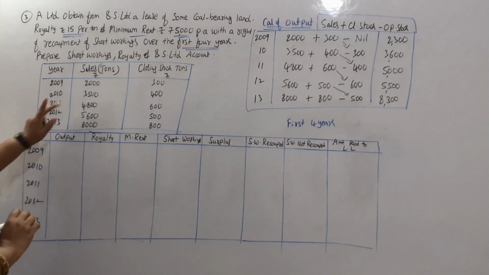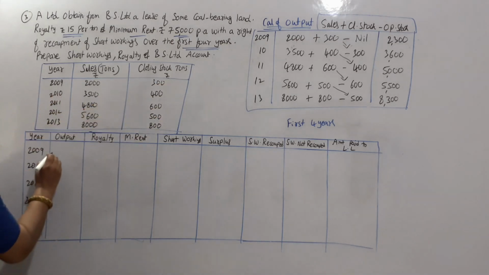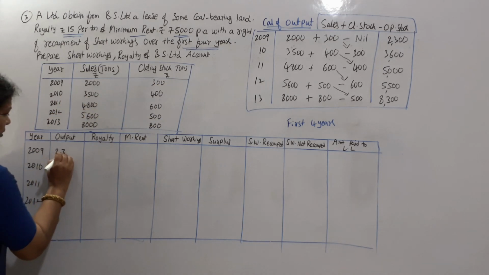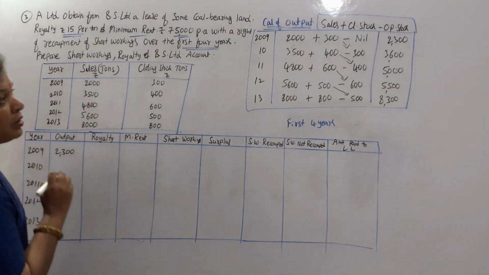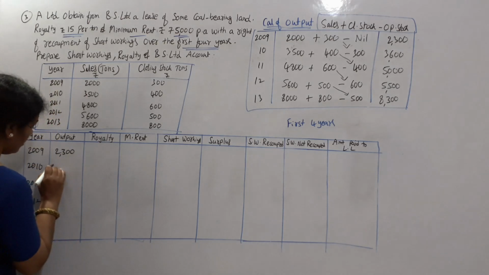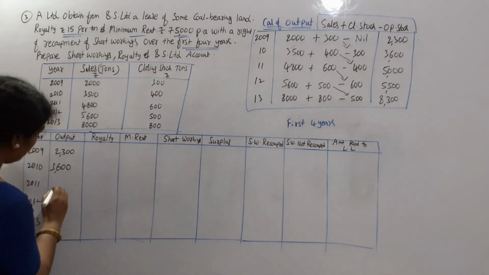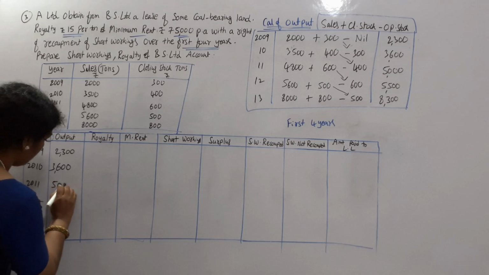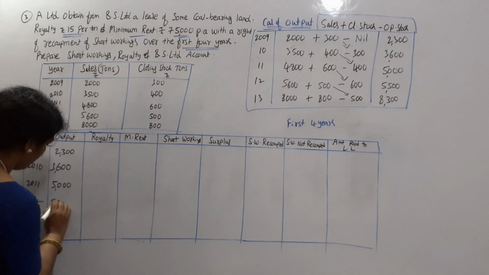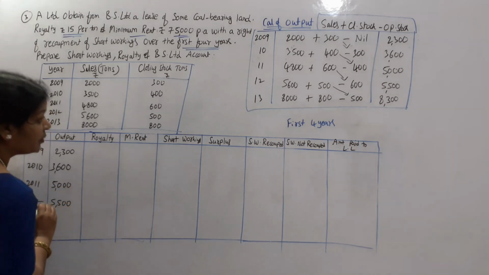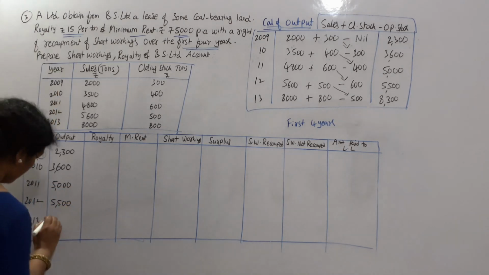So 5 years. Output is in tons: 2,300, 3,600, 5,000, 5,500, and 8,300.